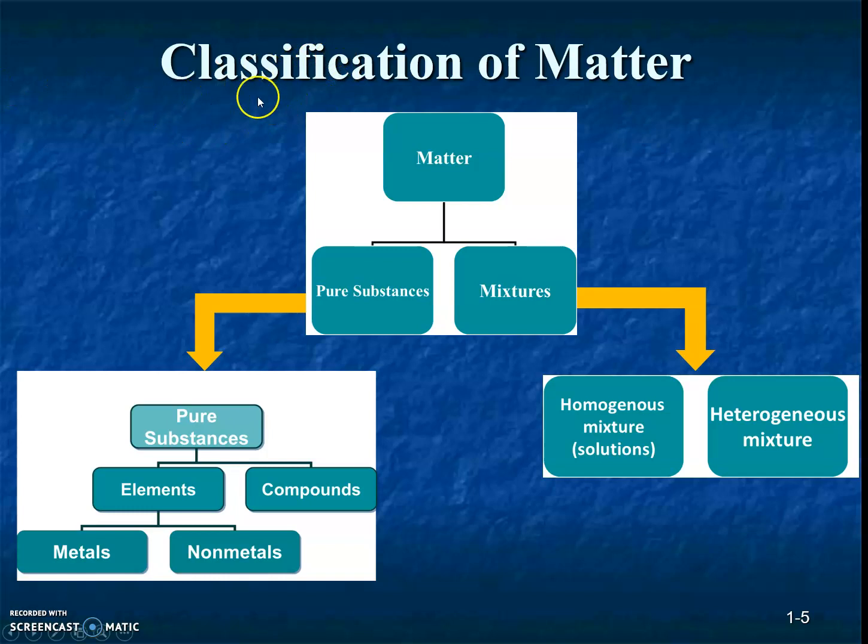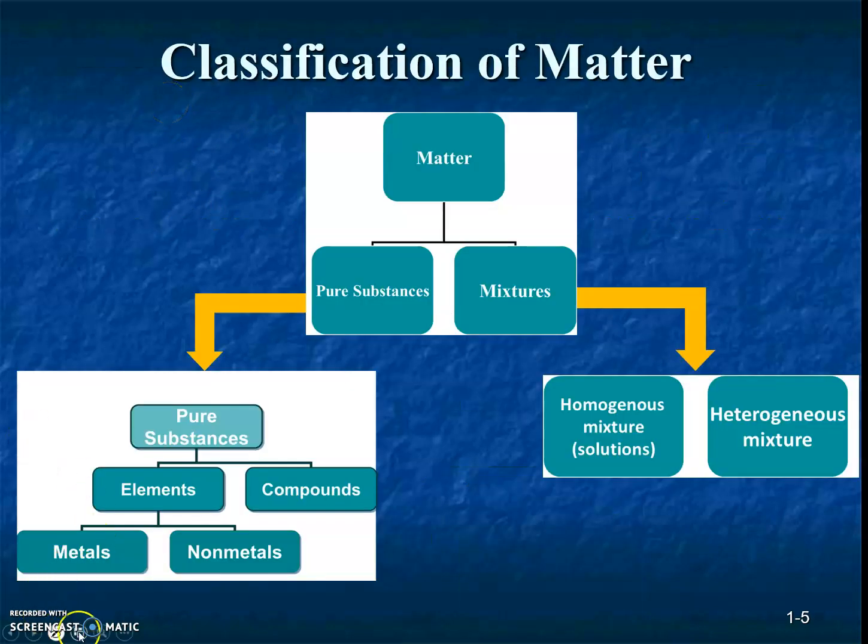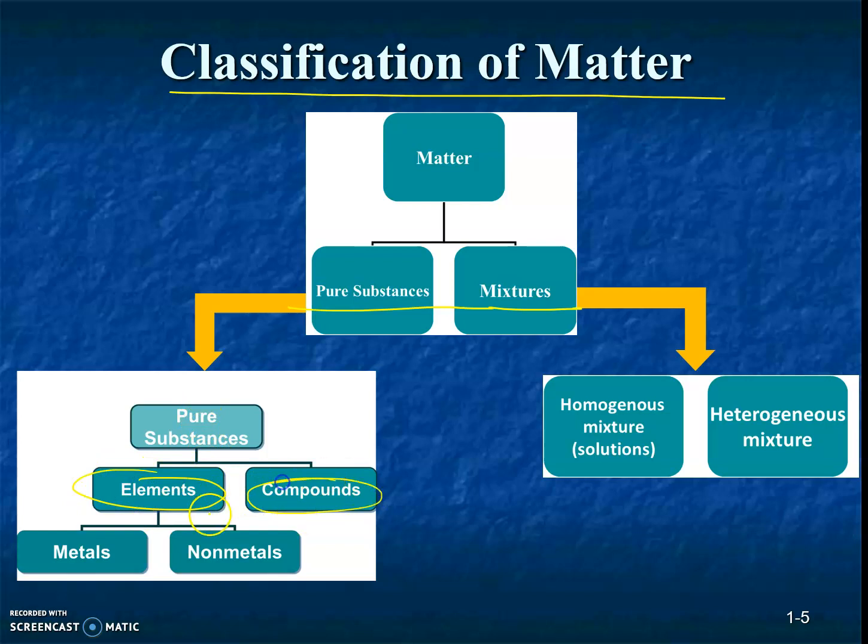So now let's learn how to classify matter. When we classify matter, the first two groups we can put matter in are pure substance and mixture. Inside the pure substance group, we also have element and compound.